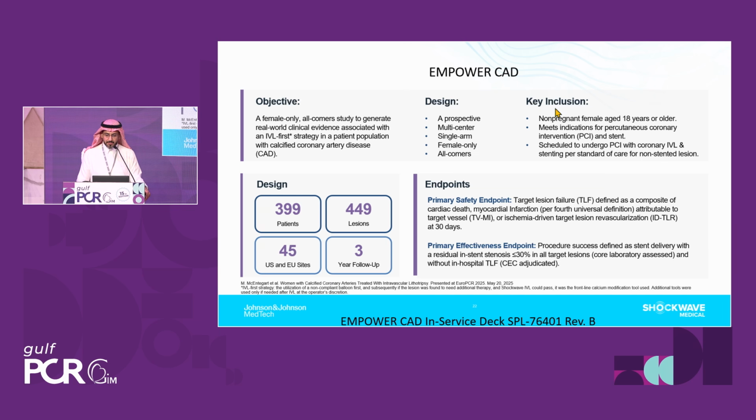The inclusion is females that are non-pregnant, more than 18 years of age, meeting indication of percutaneous PCI, scheduled to undergo PCI with a coronary IVL and stenting per standard of care for non-stented lesions.